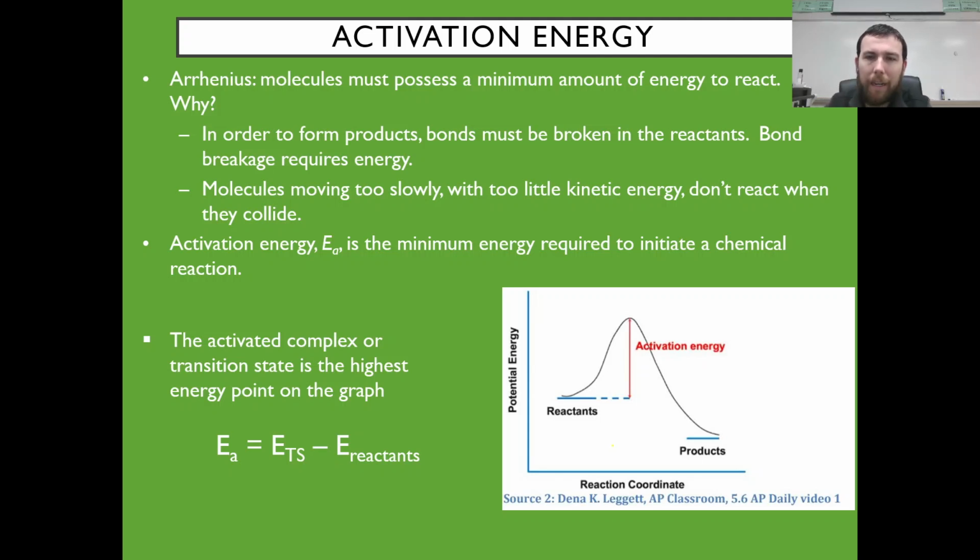At the peak of our curve, we have what's known as the activated complex, or the AC. Your activated complex, or transition state, is always going to be at the highest energy point on your graph.